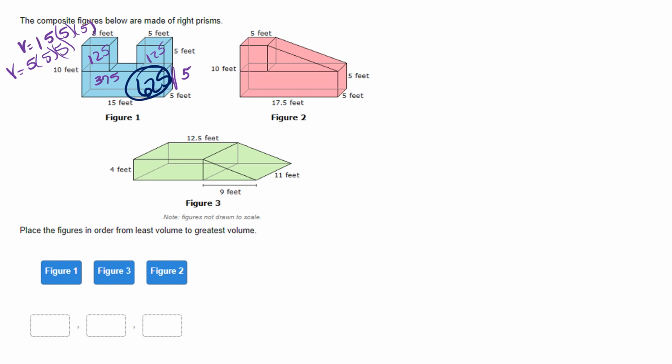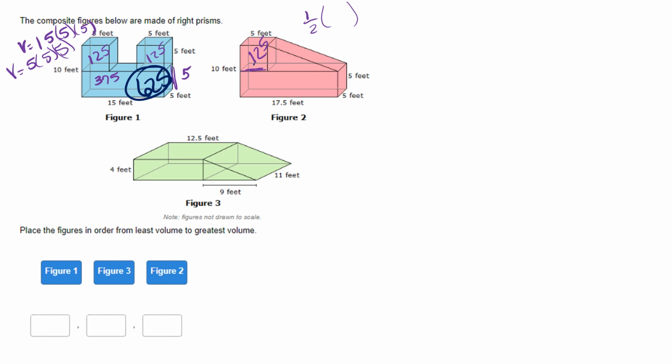Now we're going to look over here at figure 2. I see I've got this same cube right here, 5 by 5 by 5. Okay, I've already done the math on the cube on the left, so I can just put that in. That one is 125. Then I've got my triangle, 1/2 times, okay, we know this is 5.